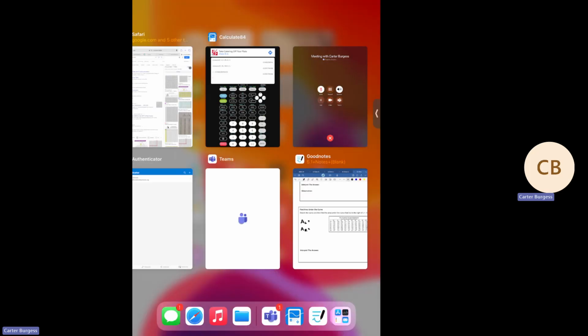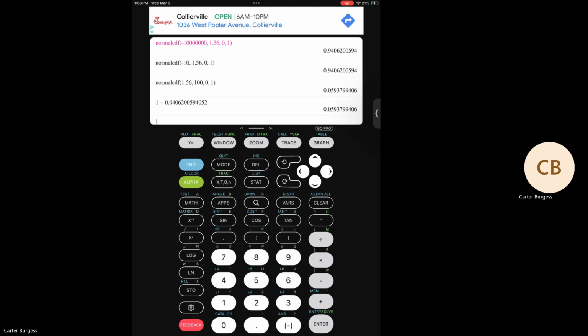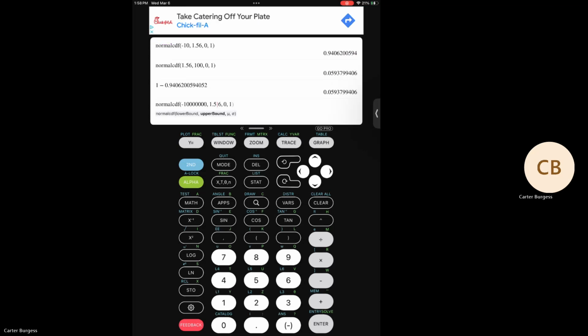Okay, so what did we enter here to figure out the area to the left? What was our upper bound and our lower bound? Do we want to do the right first? Sure, let's do the right first. We'll clear this. So to the right, lower bound 0.50, what's our upper bound? 100 or 1,000 or 10, anything big enough.